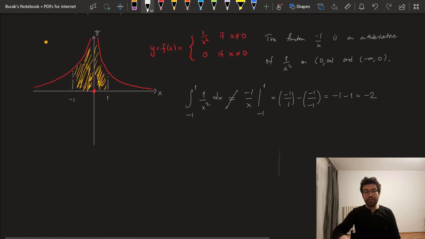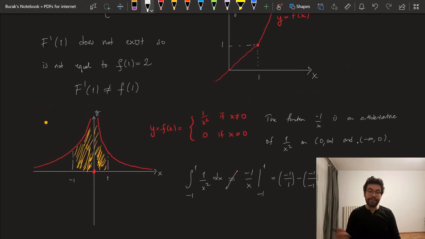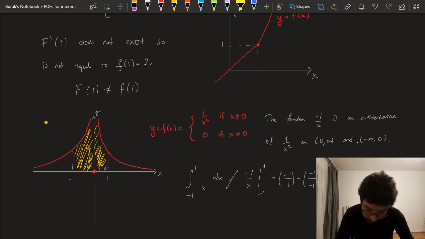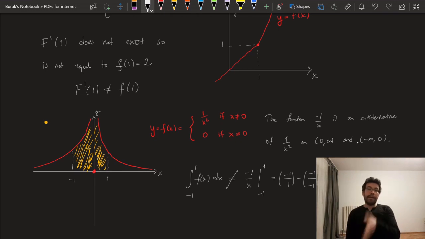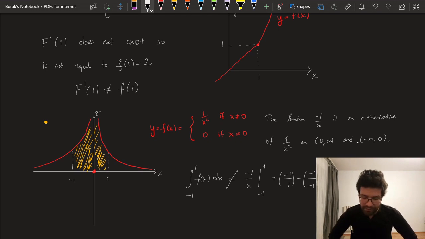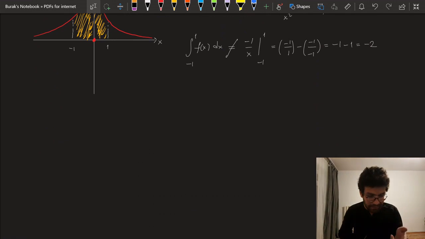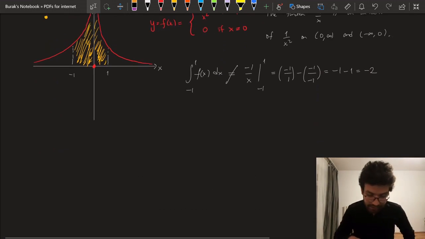Well, this function that I wrote here is not an antiderivative for this function f on the interval minus 1 to 1 because I have a problem at 0, okay? So this is why you can't do that. So that's that. Maybe I could have actually skipped this example. So that's that.